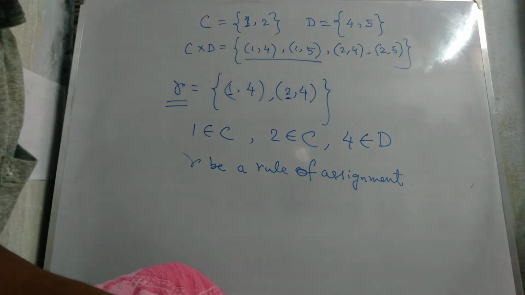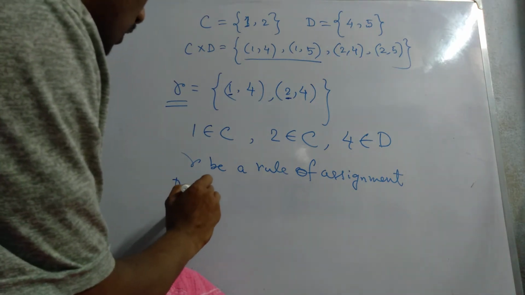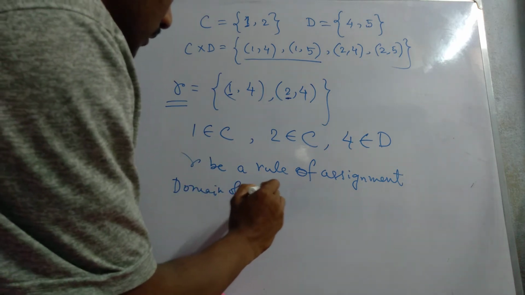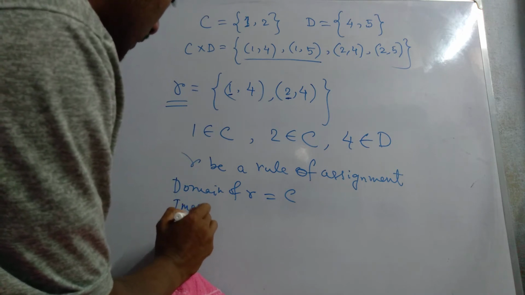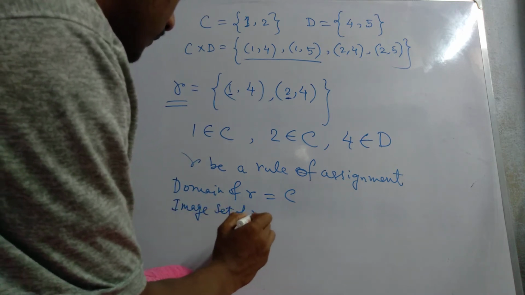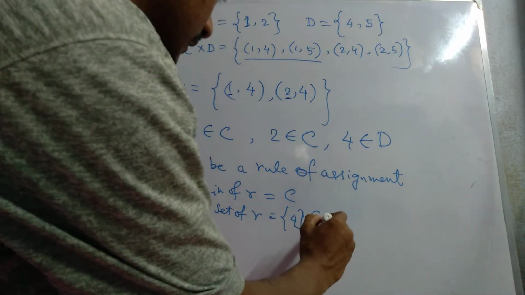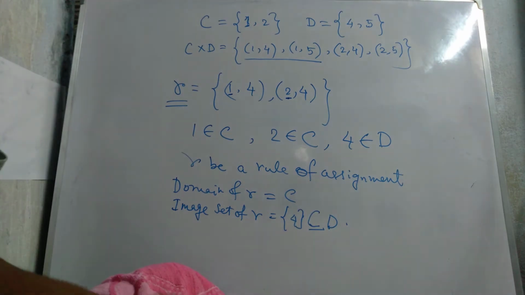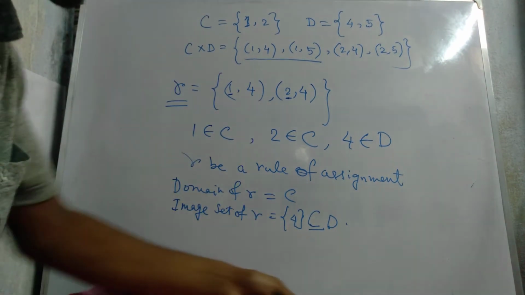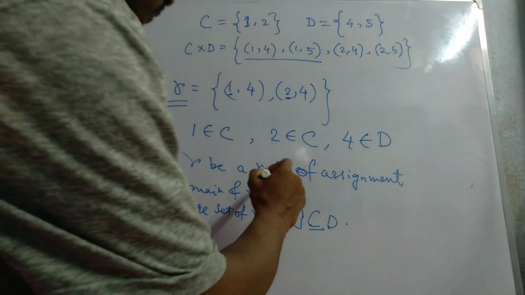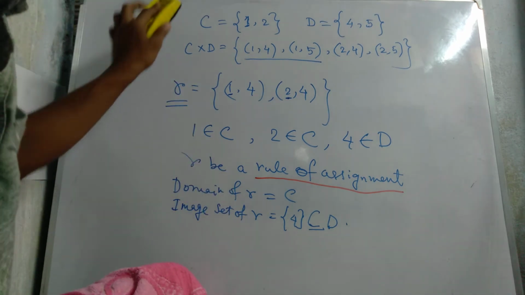Here the domain of R equals C, and the image set of R equals just the singleton {4}, a subset of D. So we have done some examples to understand the rule of assignment.